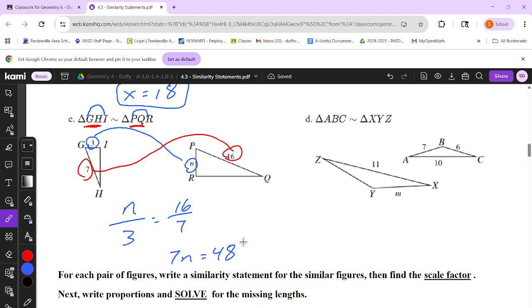And then divide by 7. You get n equals whatever 48 divided by 7 is. I guess we could do 6.86. But I would take either of these answers. I'll be honest, I probably prefer 48 over 7.